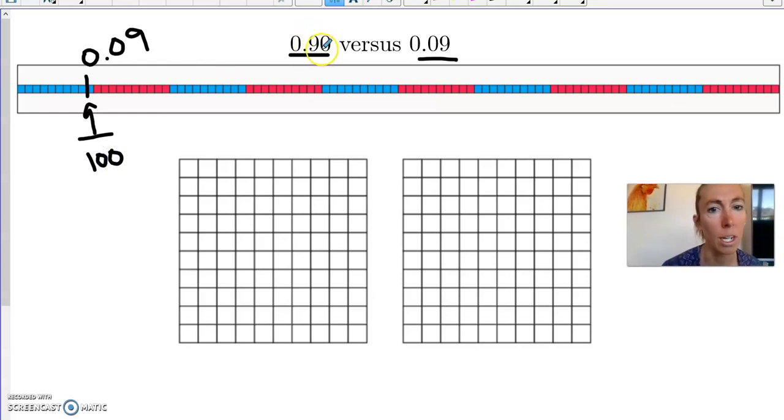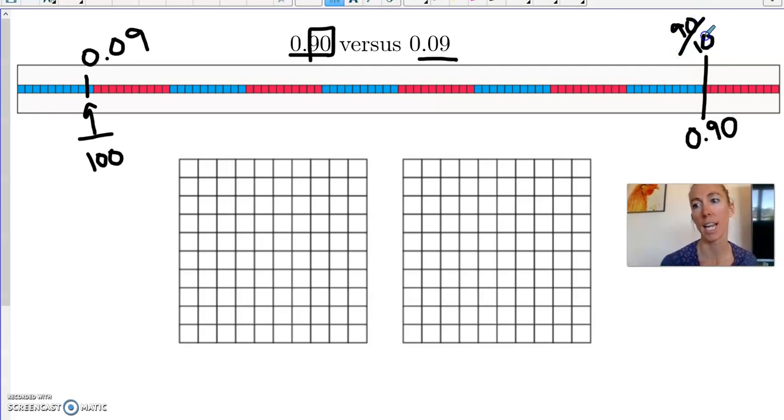But then this one is not in the same spot because do you see the 9 is next to the decimal point? So that's actually 9 tenths or 90 hundredths. That's way over here. Almost equivalent to 1 whole dollar. So that's actually worth 90 cents or 90 hundredths.